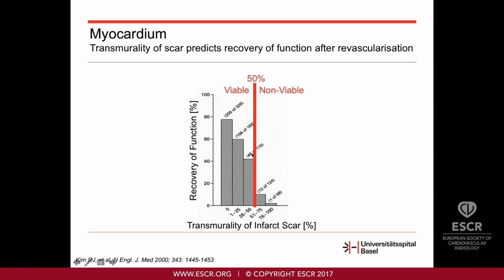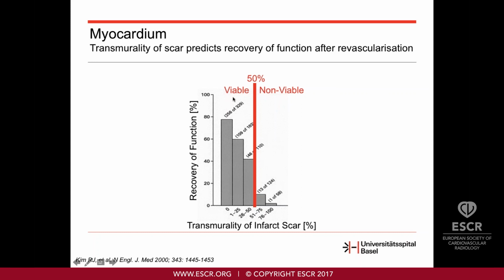So these patients were imaged shortly after infarction and then 3 months later to explore whether there is recovery of function. And the result is quite interesting. When there was almost transmural infarction, 76 up to 100% of transmurality, recovery was very poor.